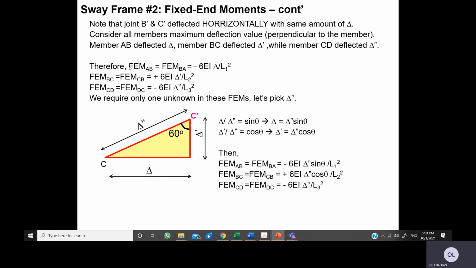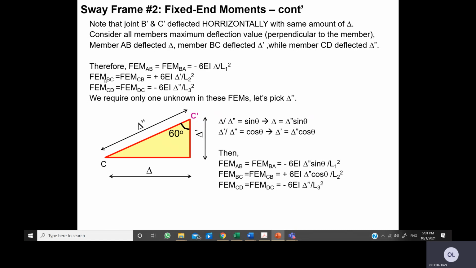Now we know that the fixed moment for member AB, M_AB, must be the same as M_BA, using 6EI delta over L squared. We use delta here because member AB deflected delta.